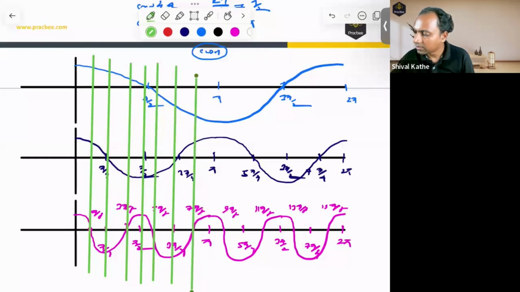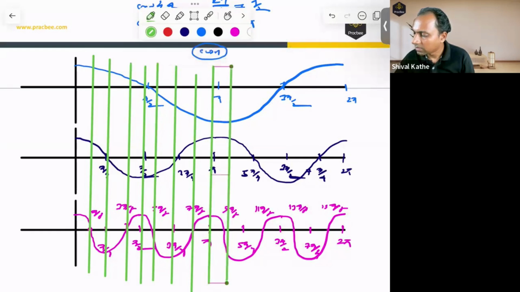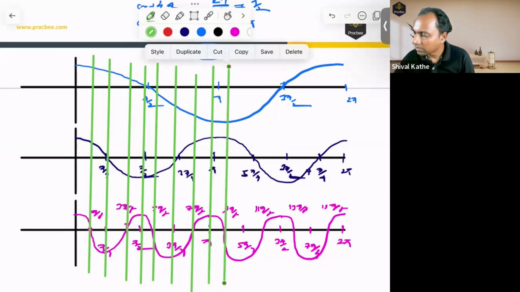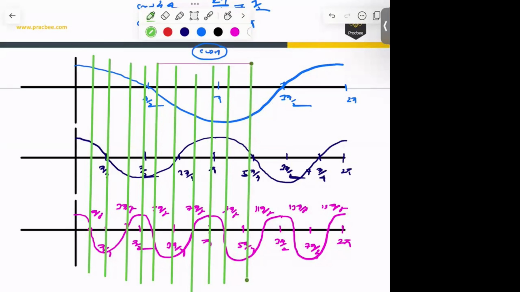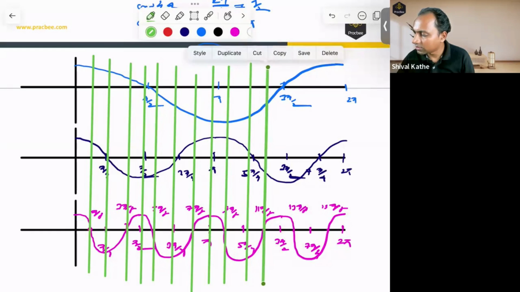Is it fine? Sir, any small error in the diagram and the whole thing will go wrong, right? It is not an easy question. It looks easy. It is not easy.